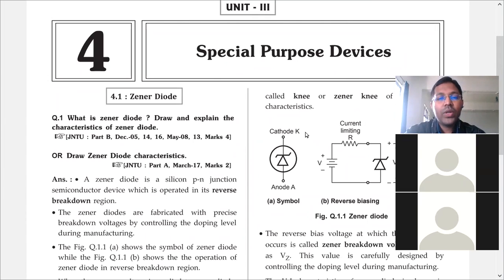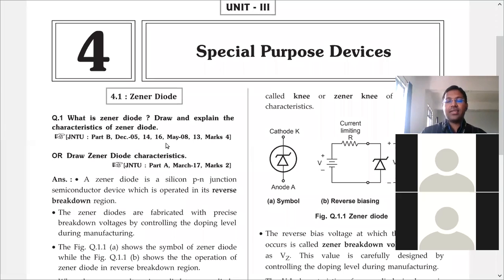The only thing you have to remember is a Zener diode is a heavily doped PN junction diode. So what happens when the doping is heavy, or when the doping is more? The width of the depletion region, will it be thick or thin?